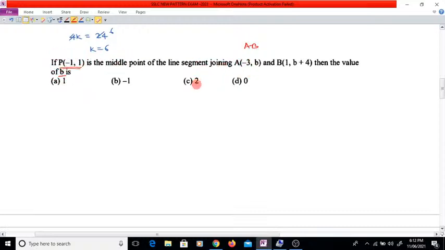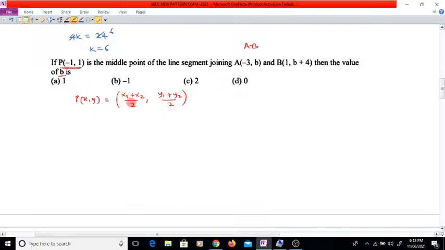We'll use the midpoint formula: P(x, y) equals (x1 plus x2) divided by 2 comma (y1 plus y2) divided by 2.